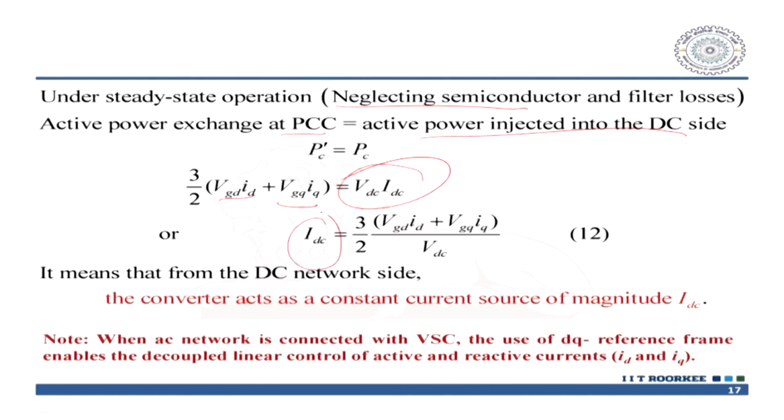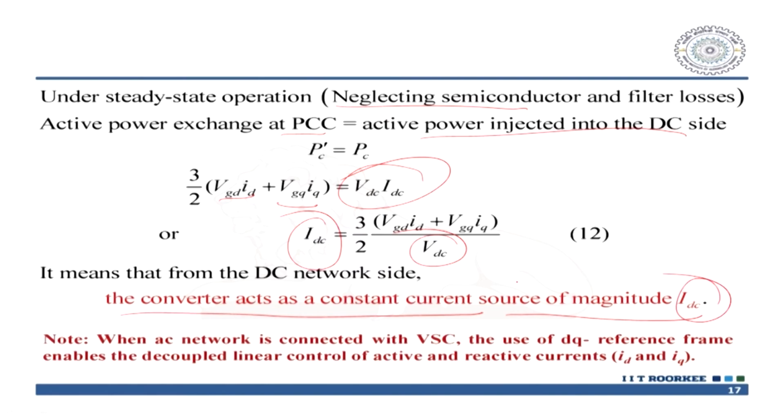Thus the Idc value is equal to 3 by 2 (Vgd Id plus Vgq Iq) by Vdc. It means from this DC network, the converter acts as a constant current source of magnitude Idc. So, this is something we can conclude.